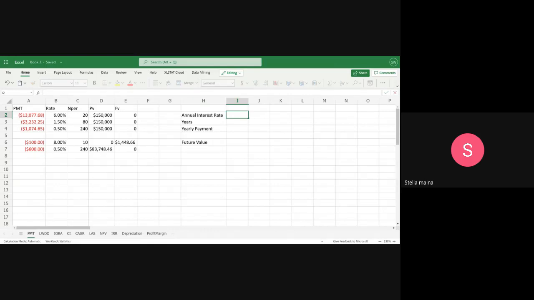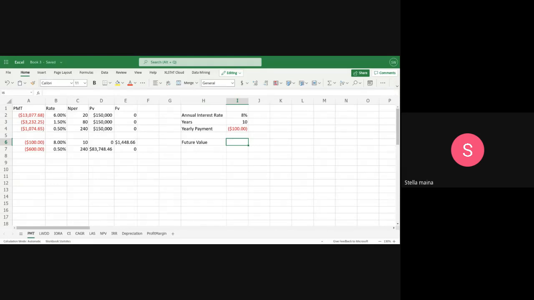So we're going to have an annual interest rate of 8%, years 10, yearly payment $100. We want to calculate the future value.